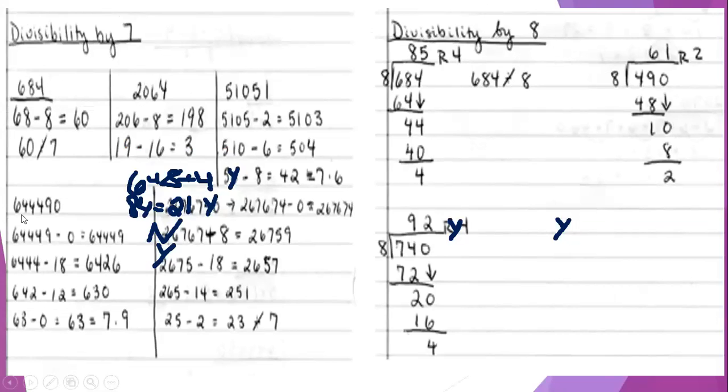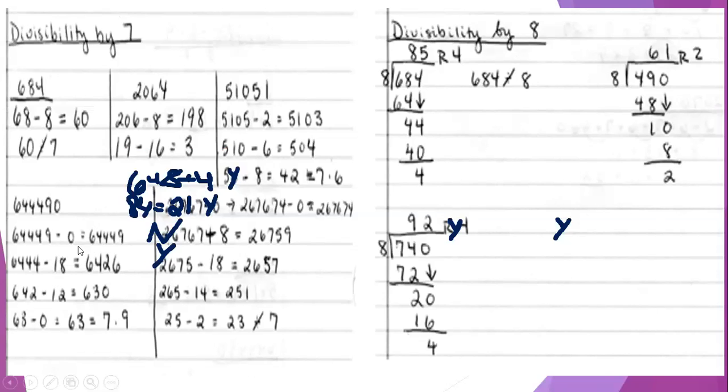So if you look way down here, you've got 644,490. You subtract the 0, and you get 64,449. Then you have to double the last digit. Sorry, I didn't do that right. But it still isn't divisible by 7.